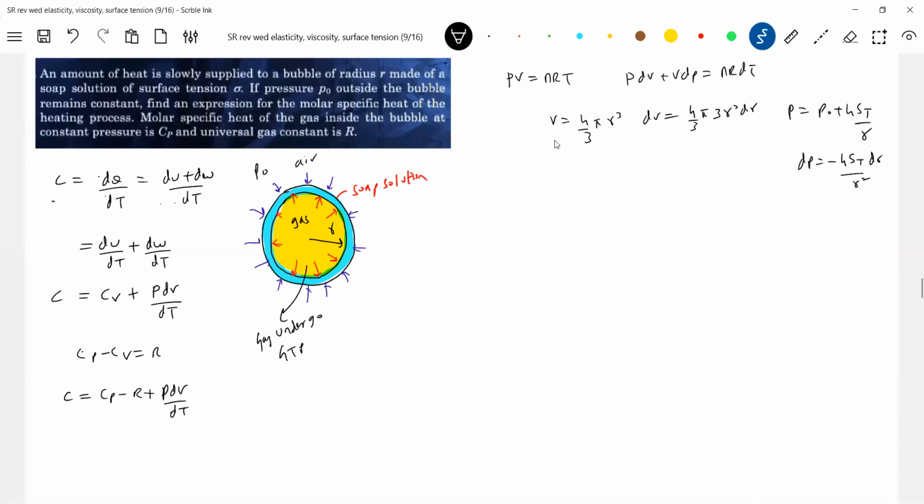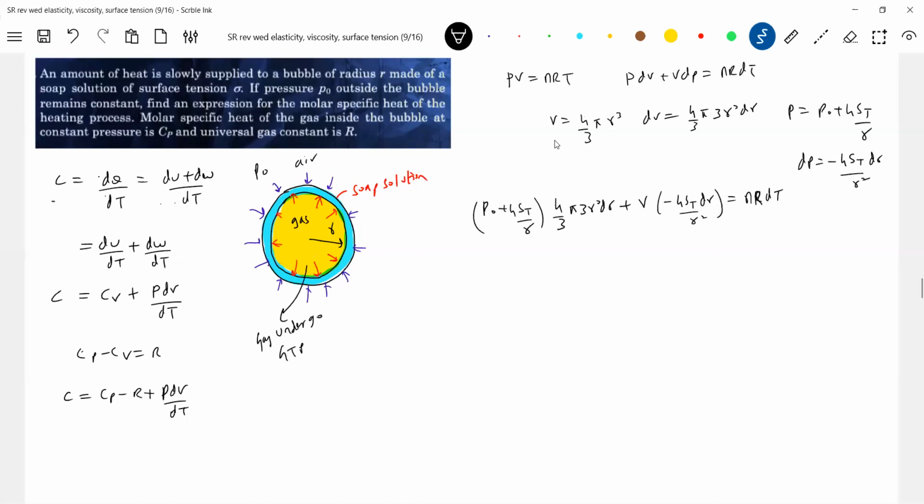This is very important. dV is 4 by 3 pi 3r squared dr. V, dP is that. nR dT.